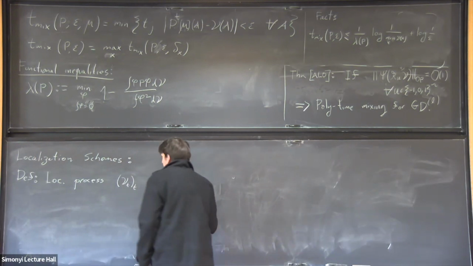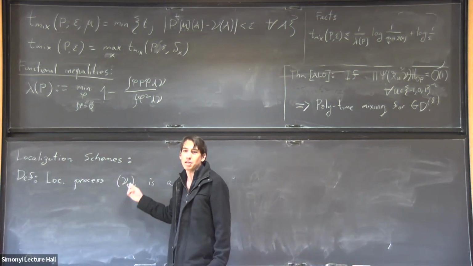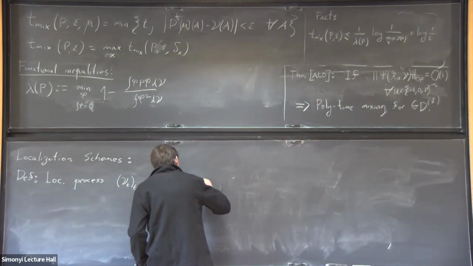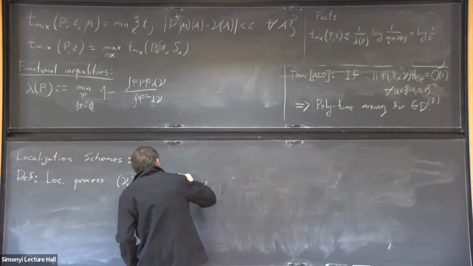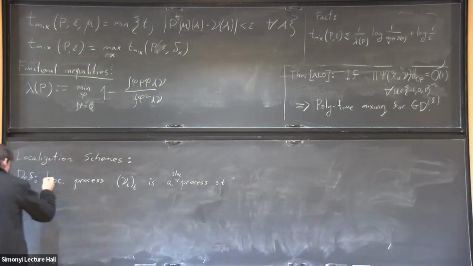A localization process is a stochastic process that's valued with probability measures. It has three properties.